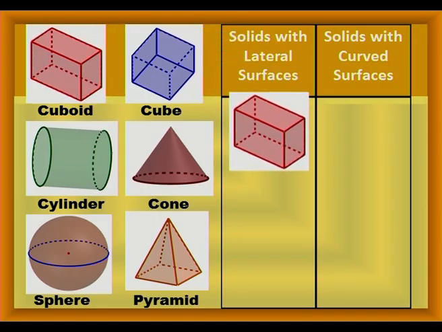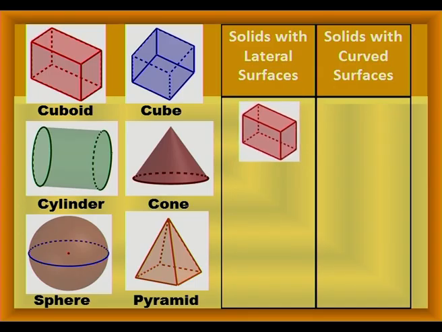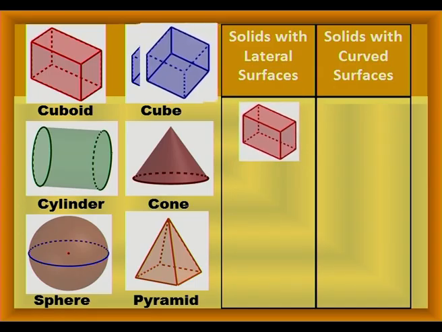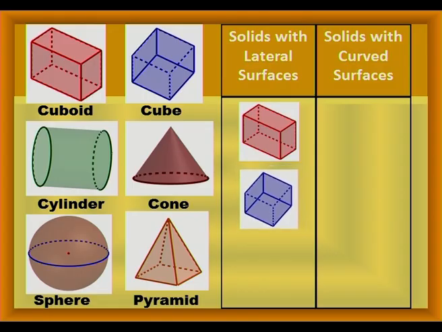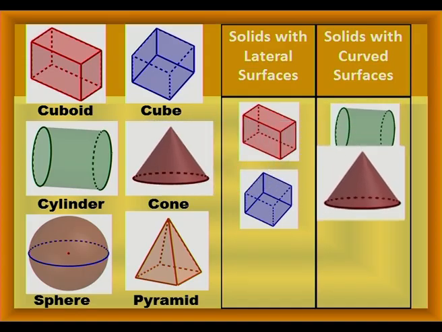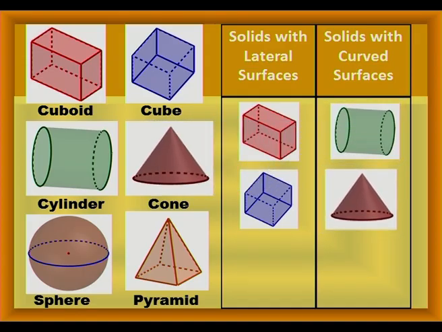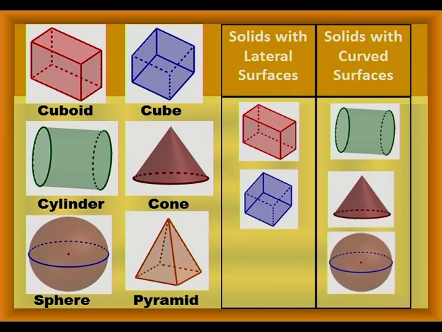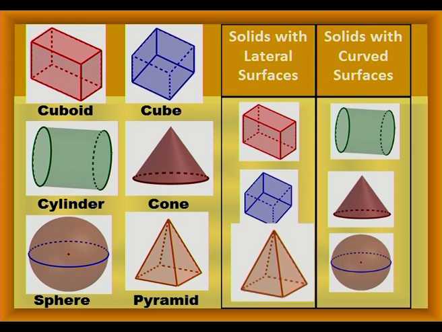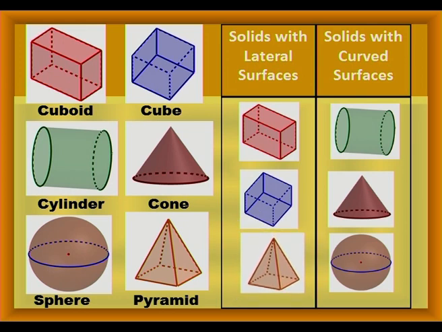We know that a cuboid is having lateral surfaces, a cube is also having lateral surfaces, then a cylinder is having a curved surface, a cone is having a curved surface, a sphere is also having a curved surface and pyramid is having lateral surfaces.